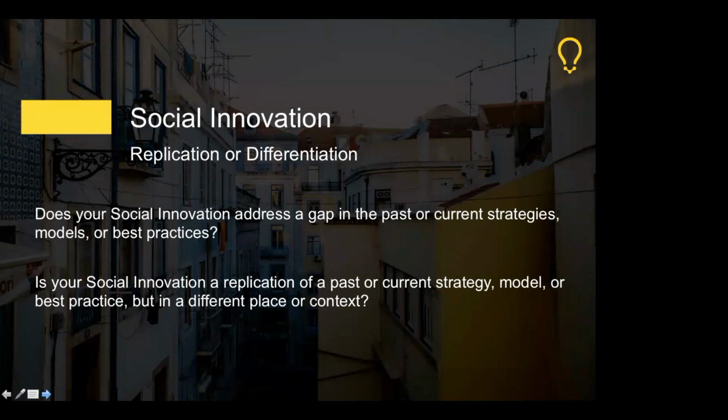Replication would be really taking in a model that has been proven in another context, be it geography or maybe a social, political context, and you're trying to replicate the impact with your own place, geography, or social, political, economical context. You may actually decide that you have a combination of both differentiation and replication, but it's important to note where you stand within the social innovation, replication, or differentiation.